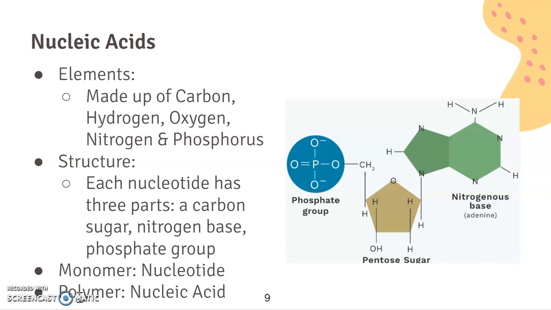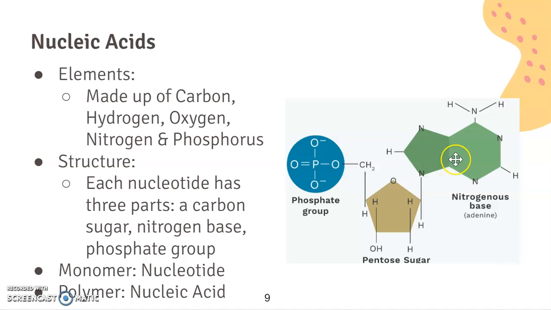All right, looking at this picture to the right, this is a picture of a nucleotide. A nucleotide is going to be super important when we start talking about DNA, because our DNA is made up of a bunch of nucleotides, and this base is actually what kind of makes us us.